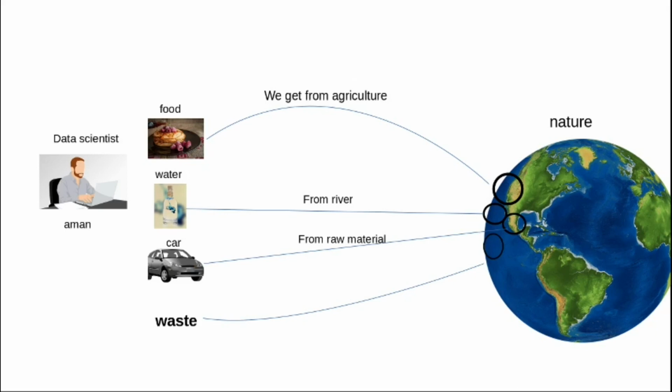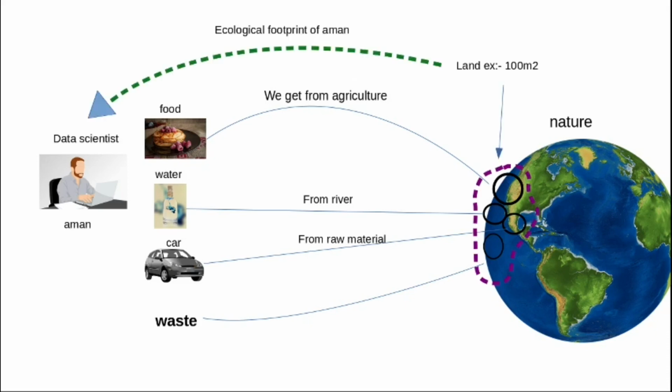Even the CO2 generated by your transport, like a car, is absorbed by the trees. So all the waste is also absorbed by nature. All this portion of land, let's suppose it is a 100 square meter land, and this particular land is the ecological footprint of Aman.